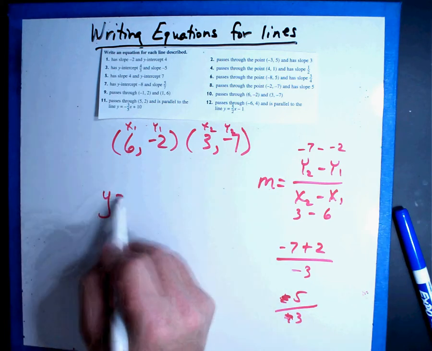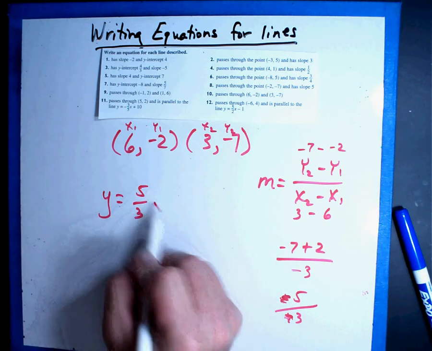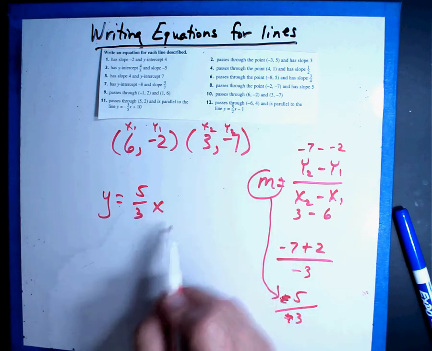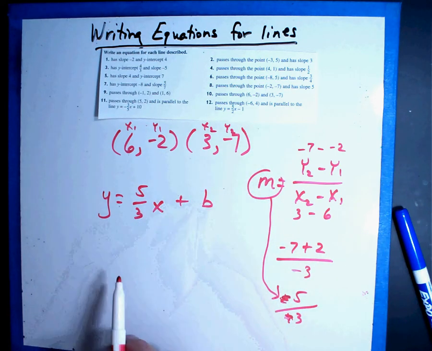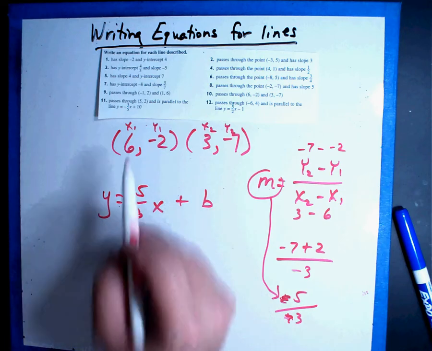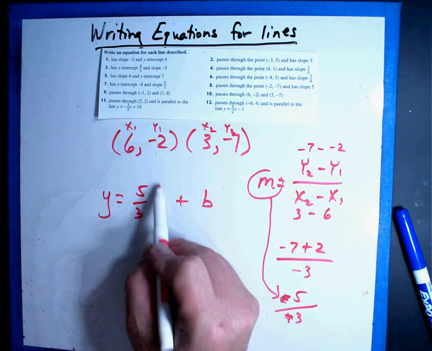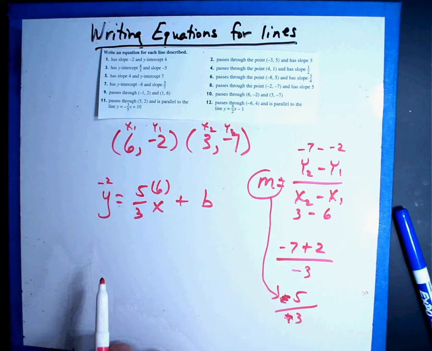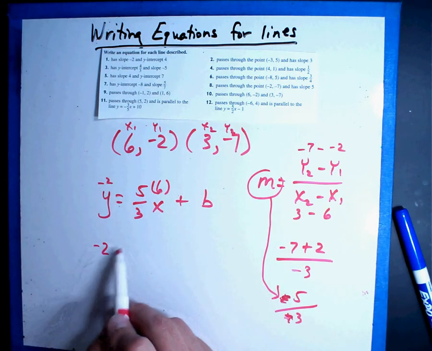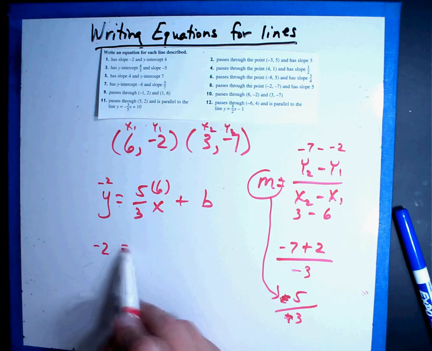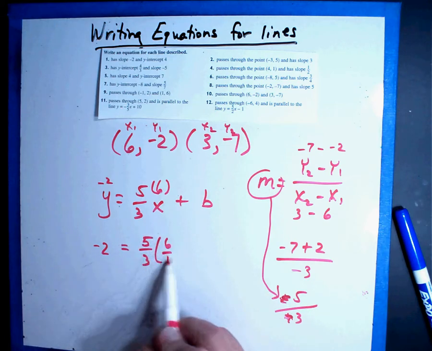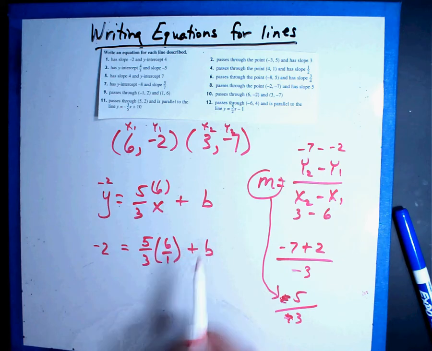So y equals 5/3 x. I just figured out m is that, so I plug it in, plus b. Well, what can I do? They gave me an x and a y, so I'm going to go ahead and put 6 in for x and negative 2 there, and let's see what we get. Minus 2 equals 5 over 3 times 6 over 1 plus b.